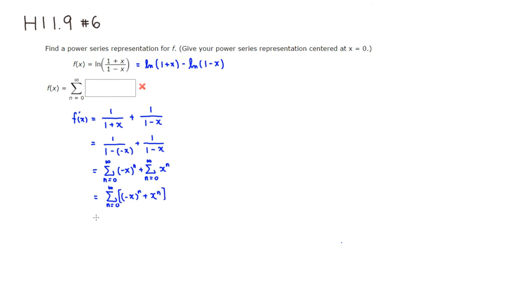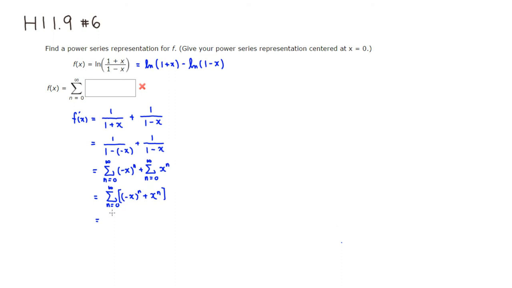If you look at this, if n is even, then this is just x to the n, because negative 1 to the even power is just positive 1. So you have 2x to the n. But when n is odd, you have a negative x to the n and a positive x to the n.